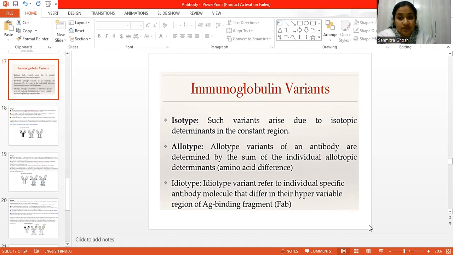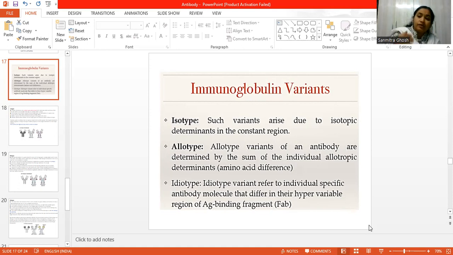And lastly, but not the least, we have the idiotype. The idiotype variant refers to individual specific antibody molecules that differ in their hypervariable region of the antigen binding fragment.